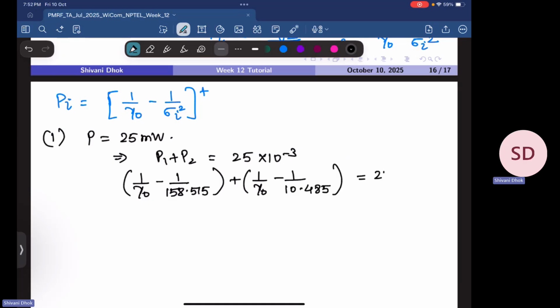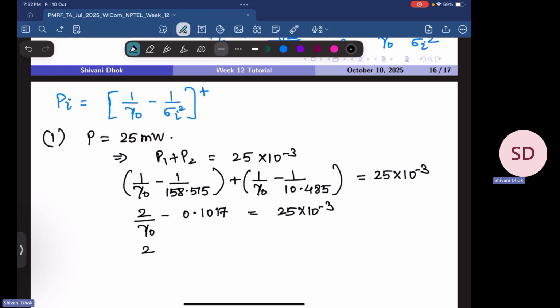This should be equal to 25 into 10 raised to minus 3. So 2 times 1 by gamma naught minus this thing, 0.1017, is equal to 25 into 10 raised to minus 3.